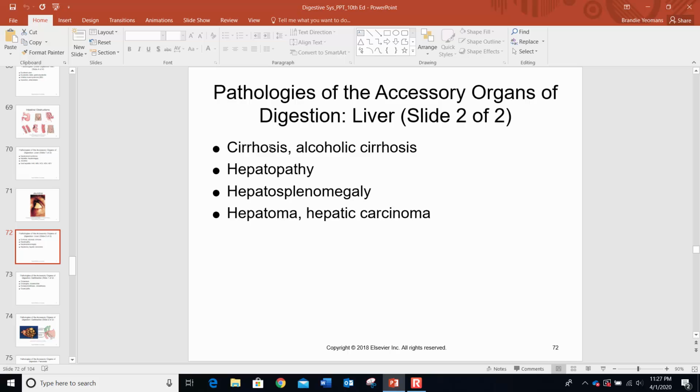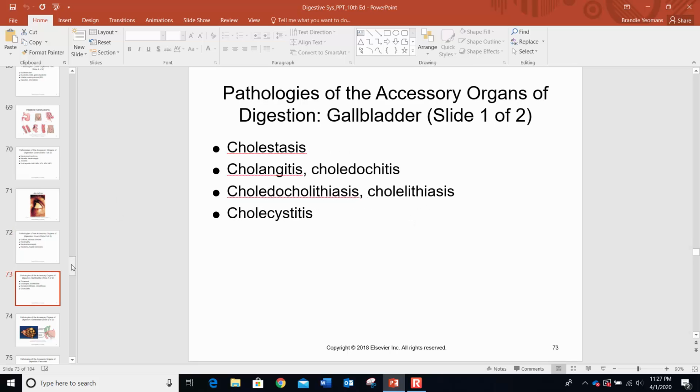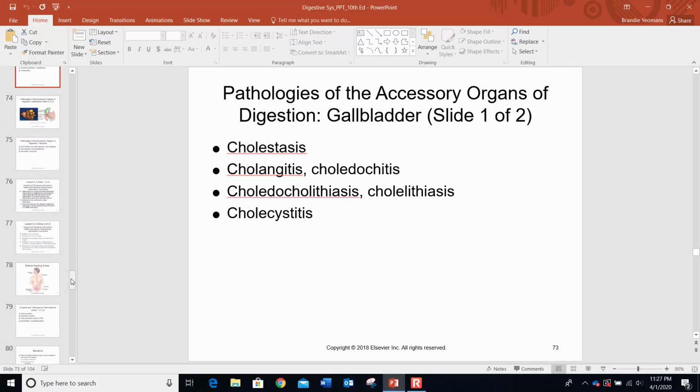Sometimes that happens because of disease processes such as a chronic disease such as diabetes, and we want to be careful with that. Then you have your hepatic carcinomas, which are types of liver cancers. That will cause that because basically it's not allowing the liver to properly function.